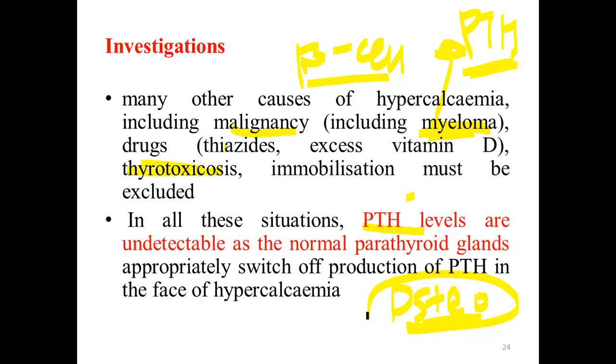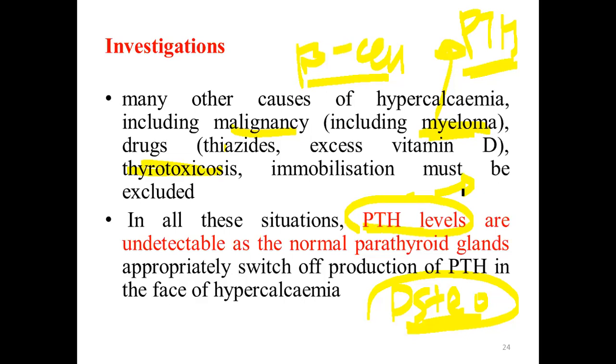Hypercalcemia can be due to a primary disorder in the gland, a secondary disorder such as renal failure, malignancy, drugs, or any other endocrine condition such as thyrotoxicosis. But remember, in most of these cases, the hormone level is usually undetectable, because the high calcium level produced as a result of the condition can suppress the gland significantly, so that it ultimately reduces the level of PTH to an undetectable level.